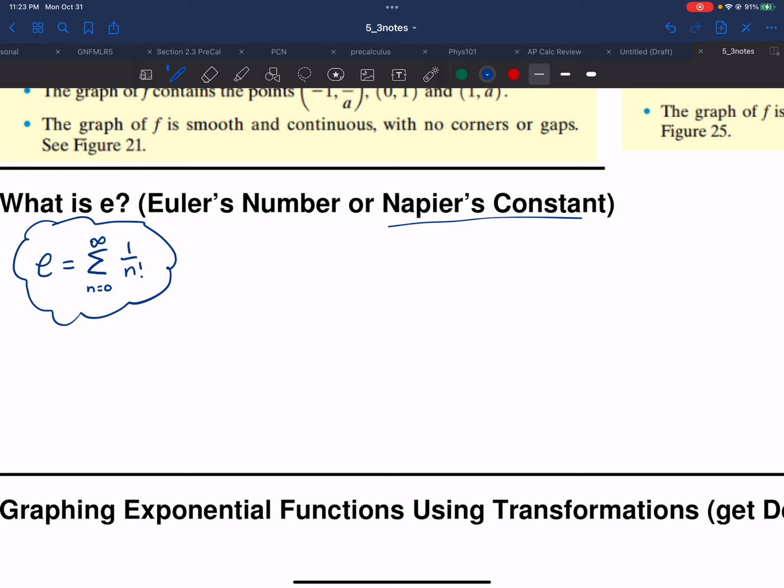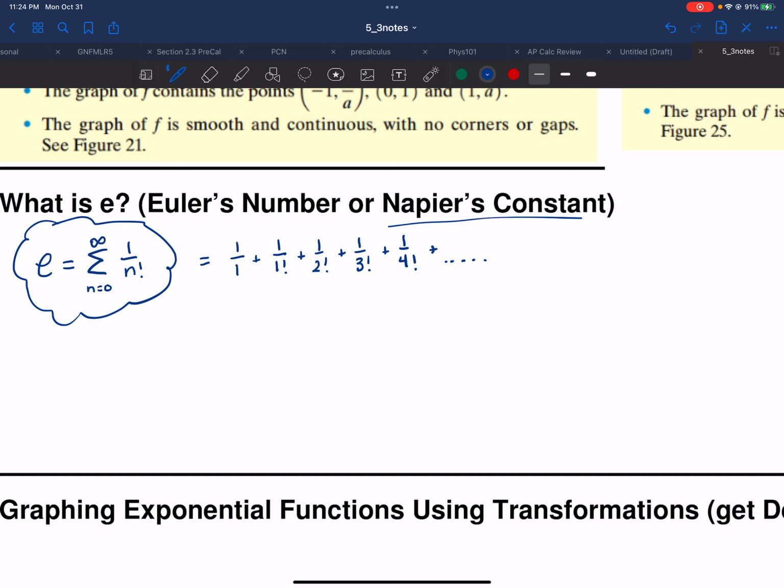From 0 to infinity, that's the equivalent of 1 over 0 factorial, which is 1, plus 1 over 1 factorial, which is just 1, plus 1 over 2 factorial, which is 1/2, plus 1 over 3 factorial, which is 1/6, plus 1 over 4 factorial, which is 4 times 3 times 2, so that's 24, 1 over 24. And that continues on forever.